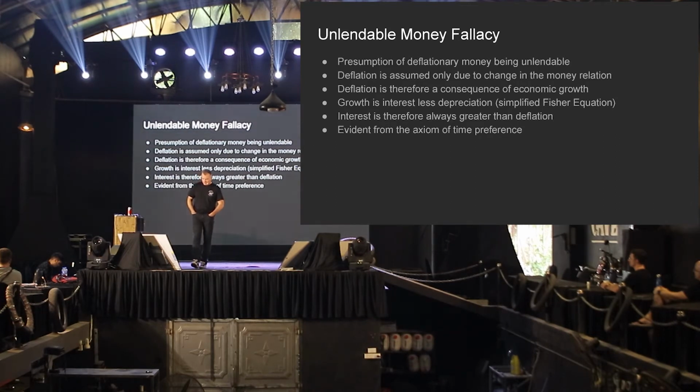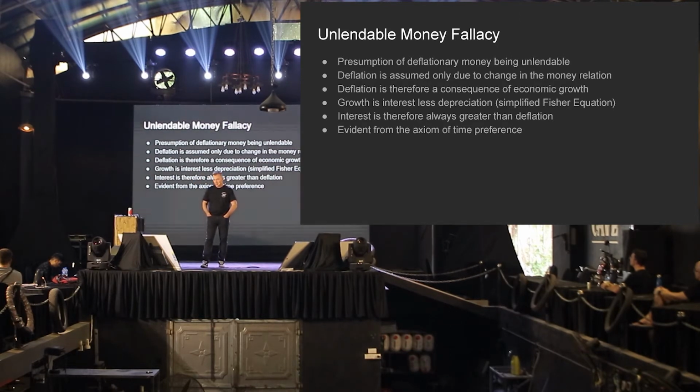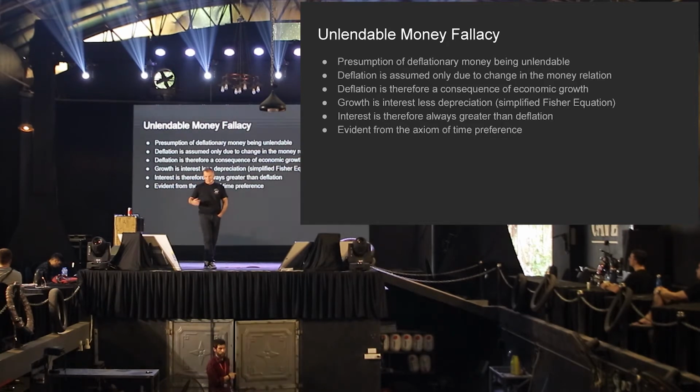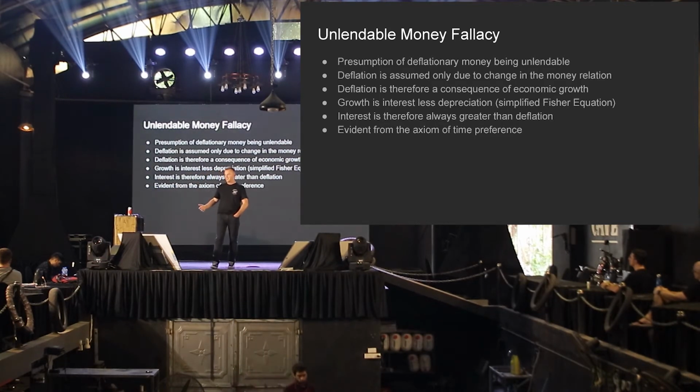So growth, that starts getting, again, some of my simplifications of economics or clarification. Growth is interest, this would be commonly accepted, less something else. Most people would say less consumption. Interest is production.